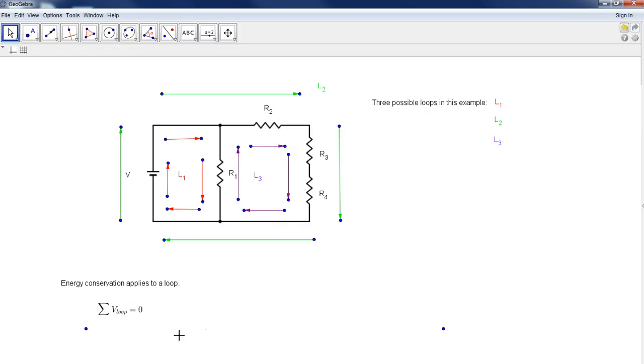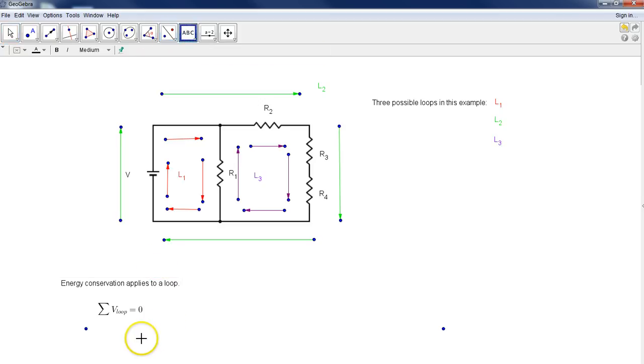Voltage meaning amount of energy per charge. So if we take a particular charge element and have it pass through loop 1, we have a certain amount of energy drop associated with the battery, and then a certain amount of energy drop associated with the resistor 1. Those being the only 2 components in the circuit, add up those 2 voltage drops, we should end up with 0.